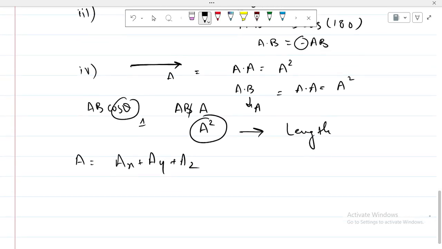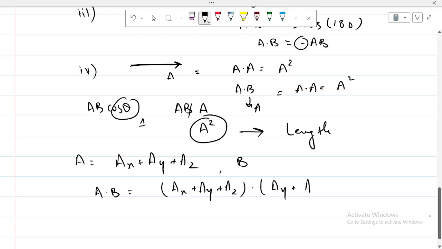So if we had two vectors and wanted to take a dot product of them, for example A and B, then A dot B is simply going to be ax plus ay plus az multiplied with bx plus by plus bz.